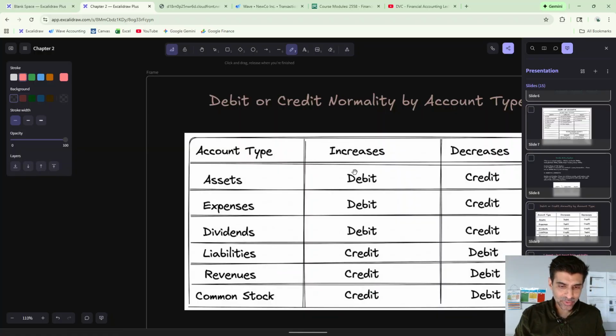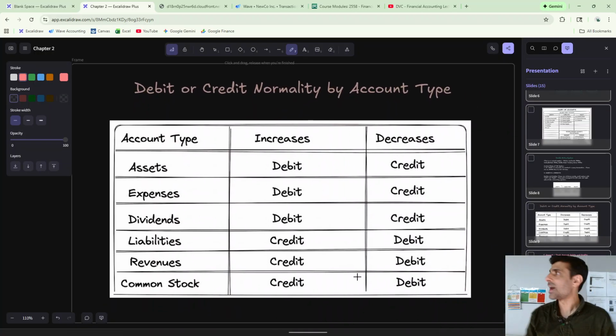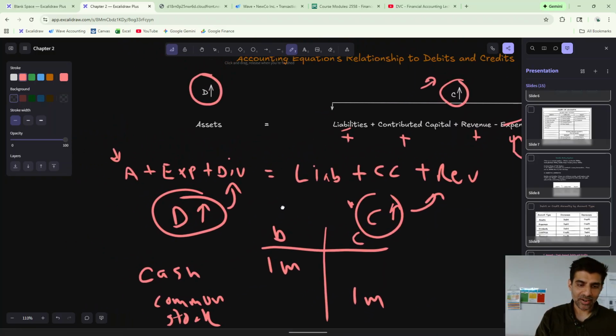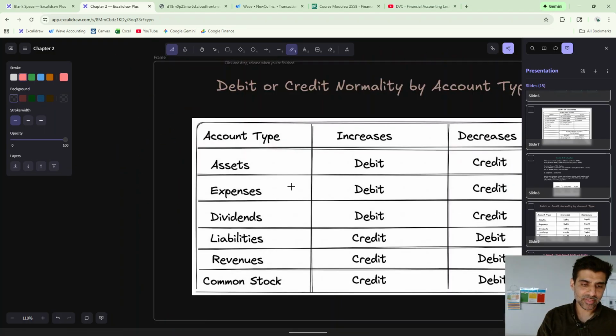So this table, the book just presents this as a table, where assets, when they increase, it's a debit, decreases the credit. But really, it's coming from this. It's essentially organized in the same way I just did it here. Look, assets, expenses, and dividends all are debited when they increase. So let's make sure that's the case. Assets, expenses, dividends, debit, debit, debit when they increase. Credit, credit, credit when they decrease.